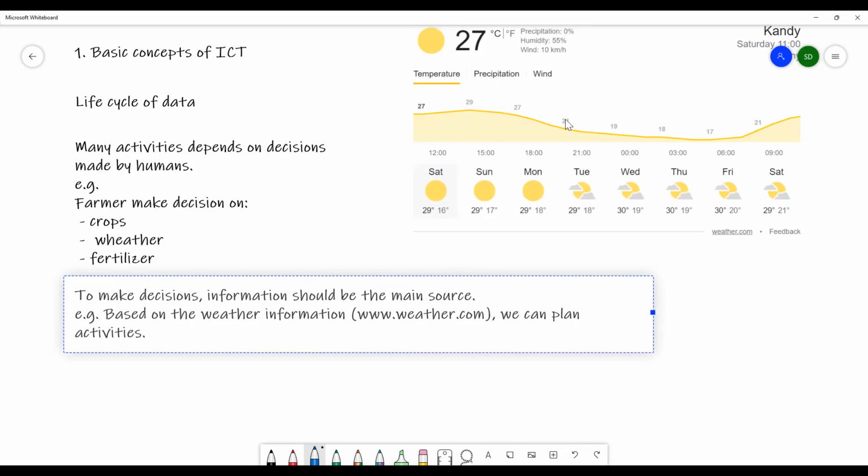So this weather information we can use to plan different activities.